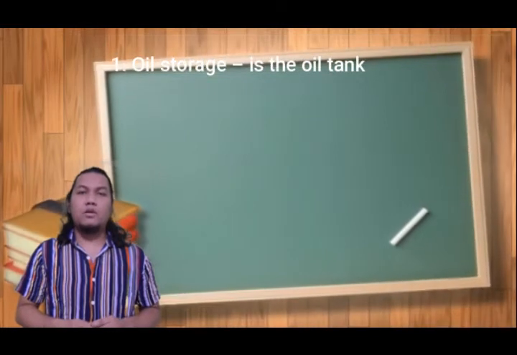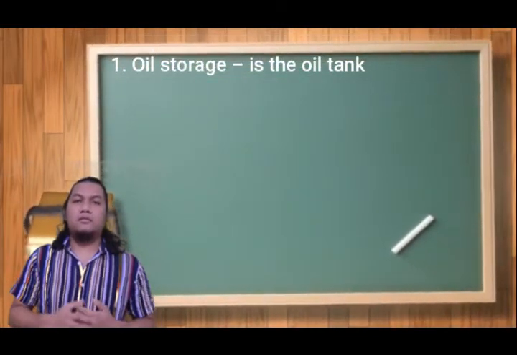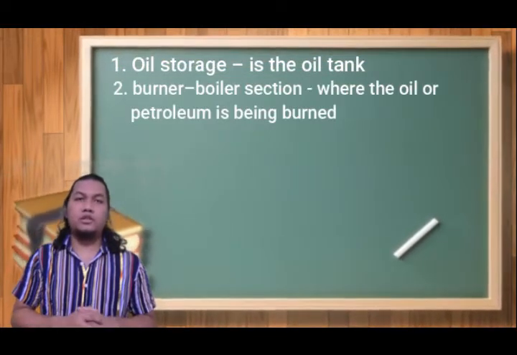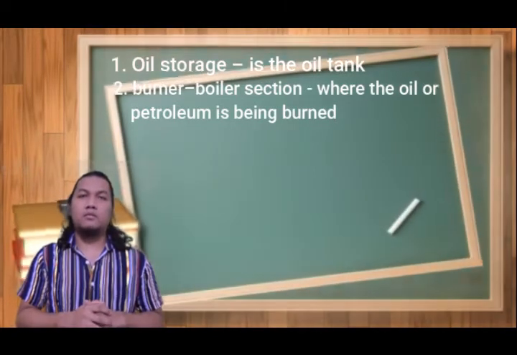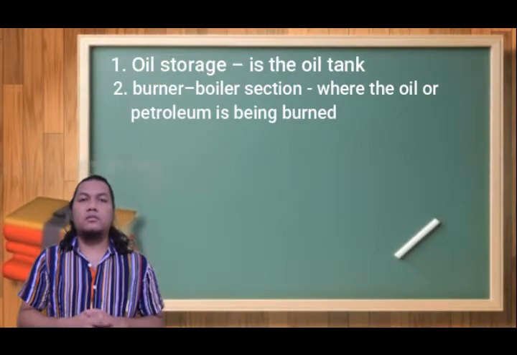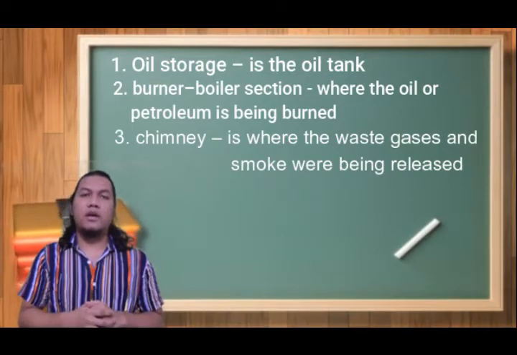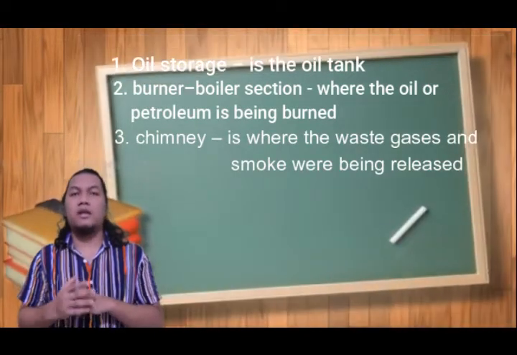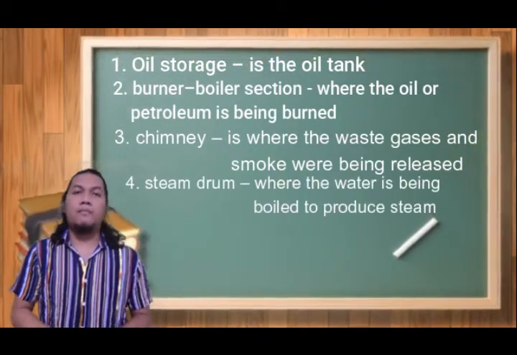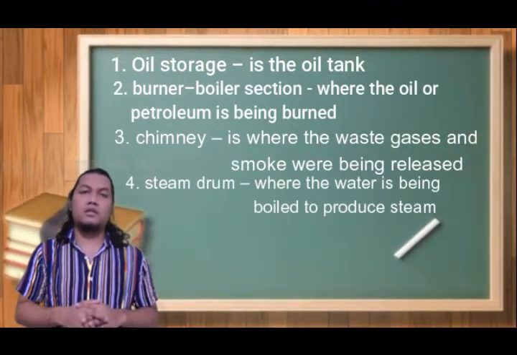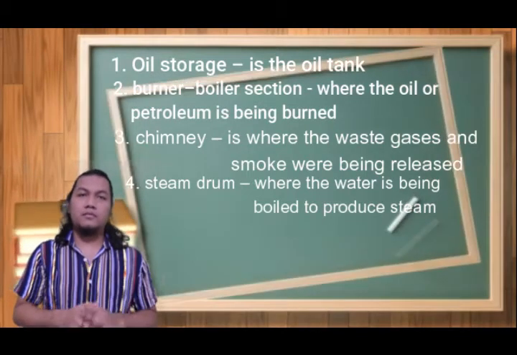Oil storage is the oil tank. This is where we store the oil. Burner boiler section is where the oil or the petroleum is being burned. Chimney is where the waste gases and smoke are released. Steam drum is where the water is boiled to produce steam.